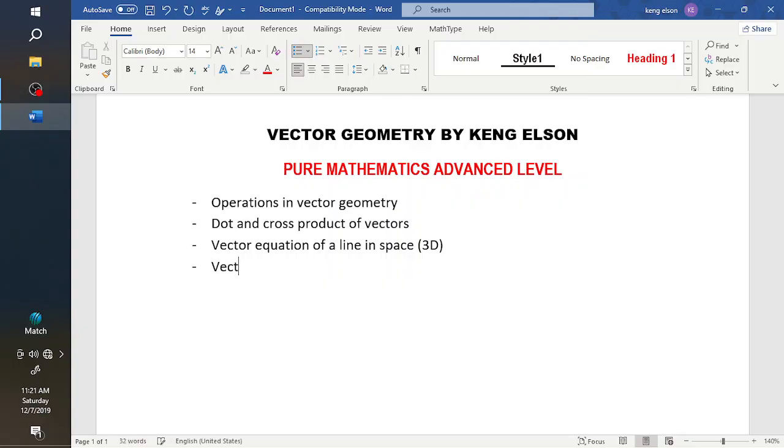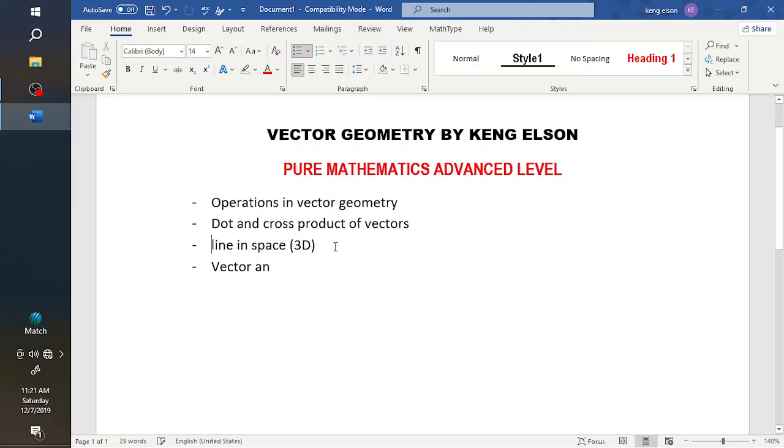From this vector equation of a line, you need to deduce lines in space, since it is a full objective. So let's just say lines in space.